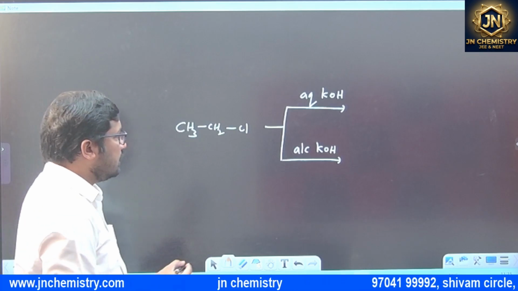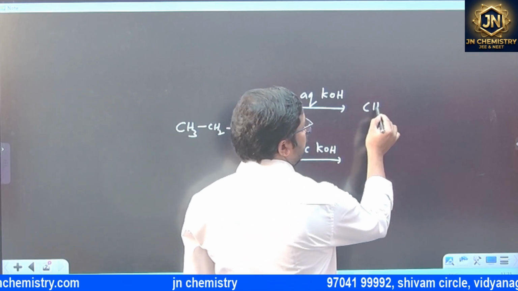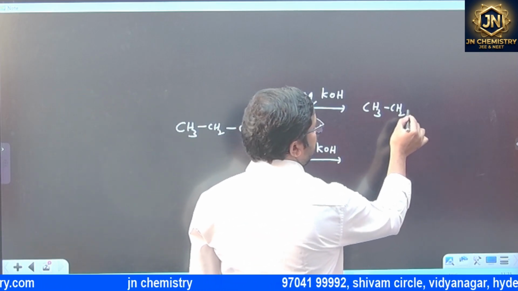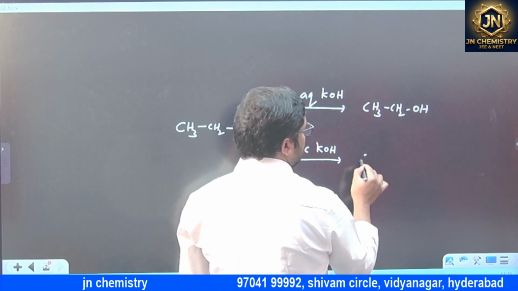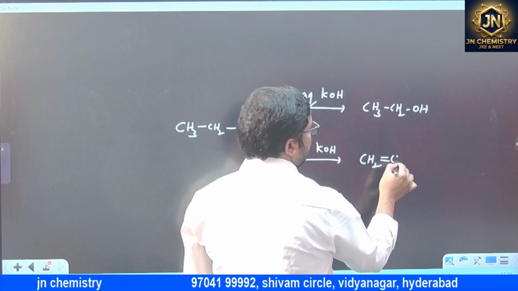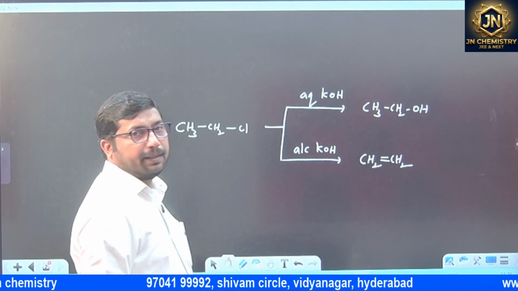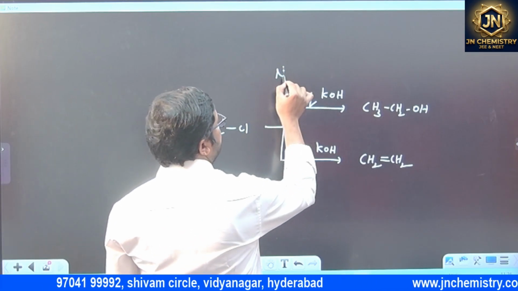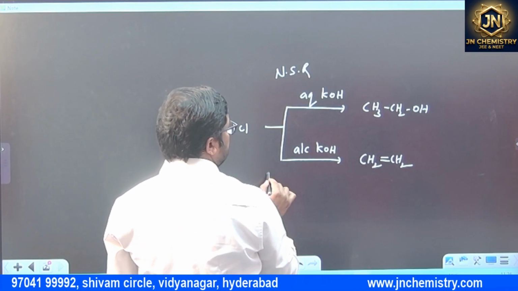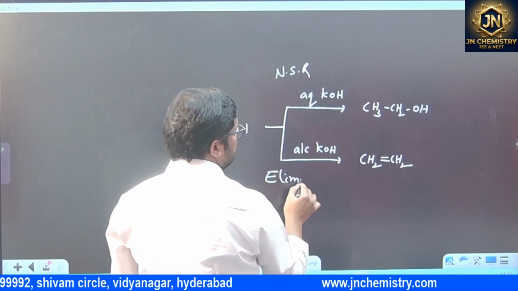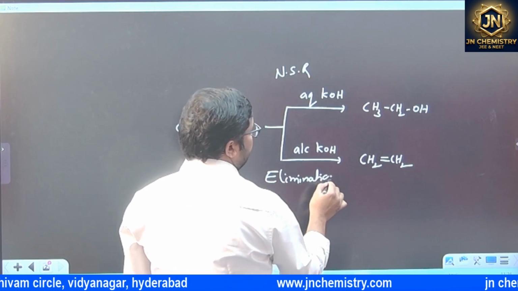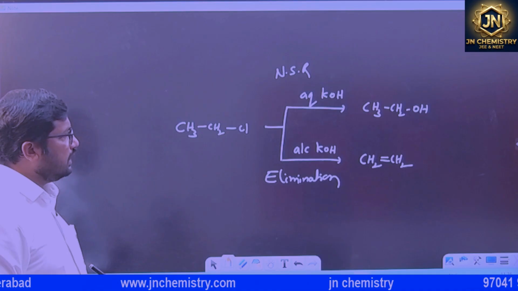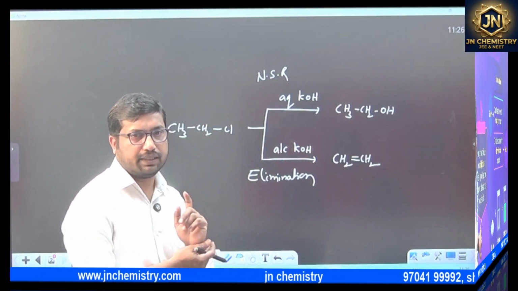Aqueous KOH, what exactly happens? CH3CH2OH. Here is alkene. Write it down. This is a nucleophilic substitution reaction, this is an elimination reaction. That is the difference between aqueous and alcoholic which I am telling you.